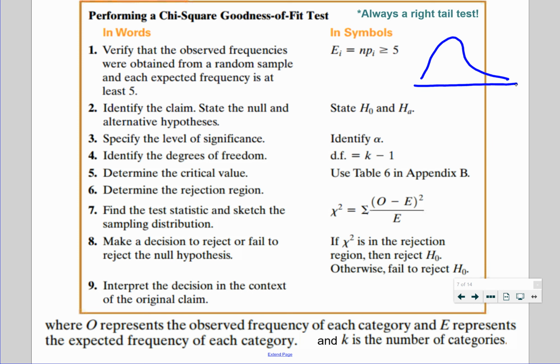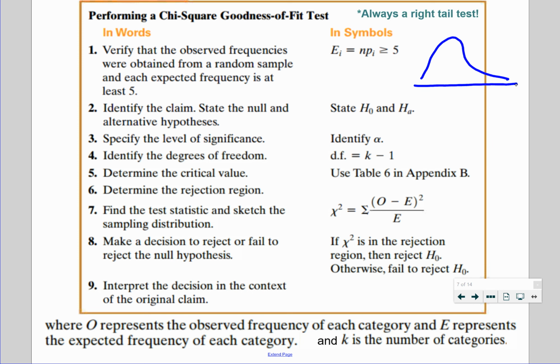First thing we have to do is verify that each of those expected distributions that we just practiced calculating is at least 5. So that's kind of our category that we make sure that we meet those expectations to be able to do the hypothesis test. If each expected distribution is not greater than or equal to 5, then you just say we can't do the hypothesis test. Then we identify the claim, the null, and the alternative hypothesis, like we saw on the previous page.